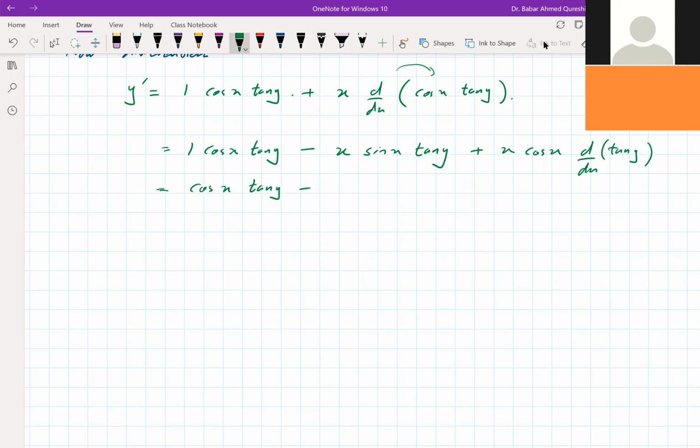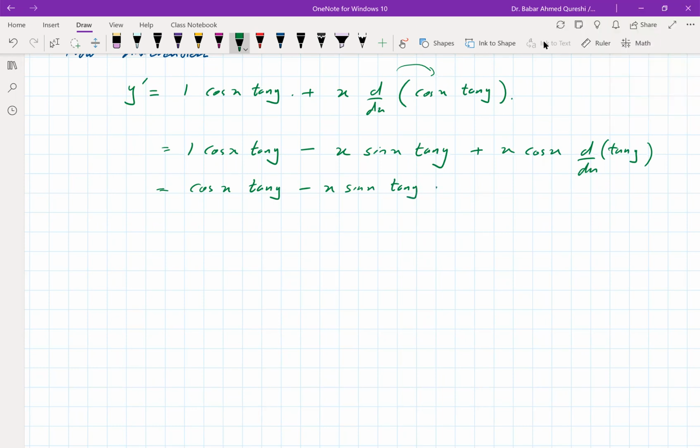Minus x sine x tangent y, and the derivative of tangent y, as we recall, is secant square.